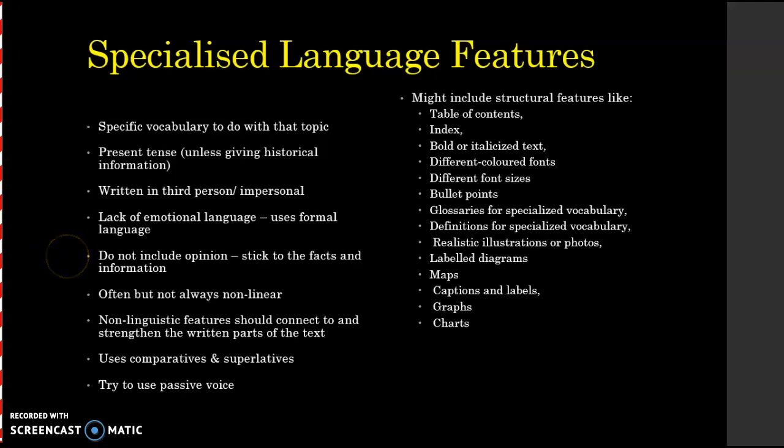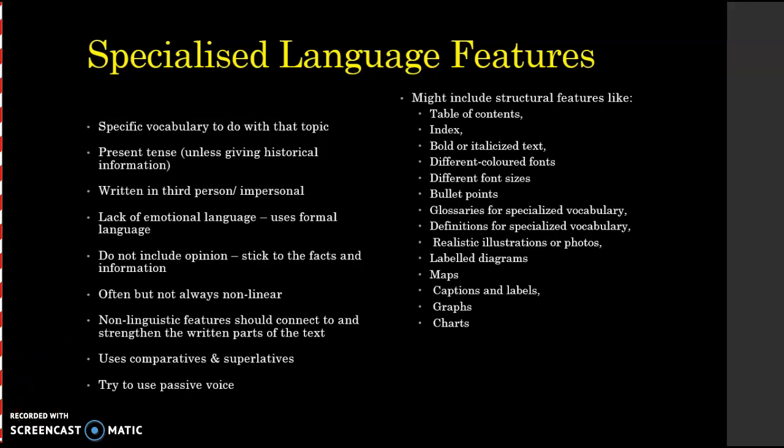You don't want to give away an opinion to the reader, you're just giving information. Don't give any opinion. There is a little bit of room in the conclusion for some final thoughts, but you do not give an opinion in information text.